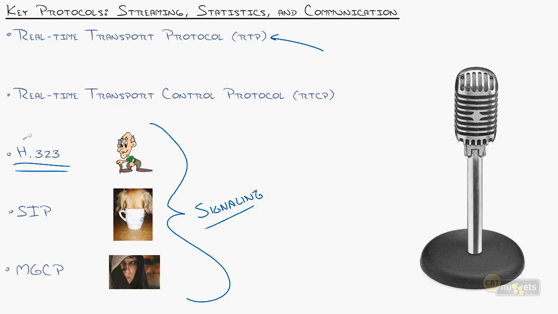So H323, when I'm talking like that, you immediately get why this little image is sitting next to it. It is old. Or mature, I think is the better way to say it. It is an old protocol. That's not necessarily bad. I mean, when you hear old, you're like, oh, well, compared to technology, it must be obsolete. Well, let's talk TCP/IP, right? Old protocol. 1970s we're developing that protocol.